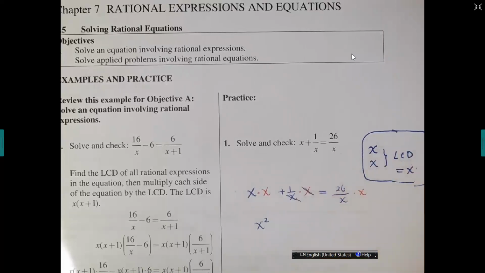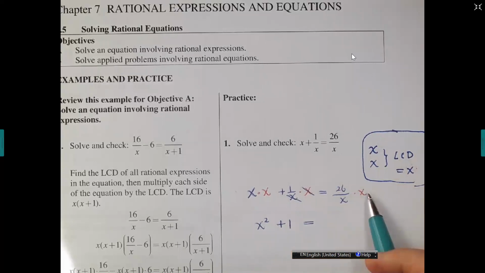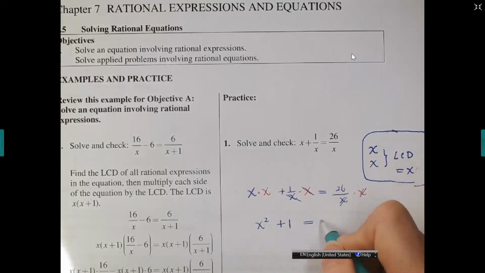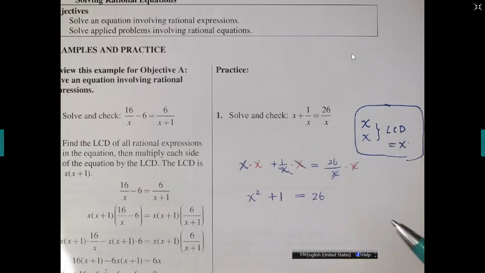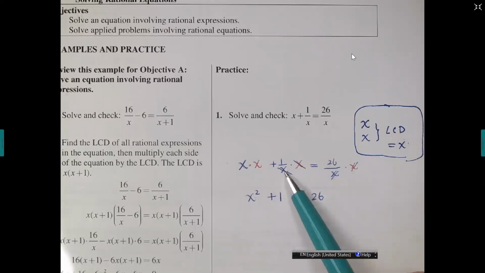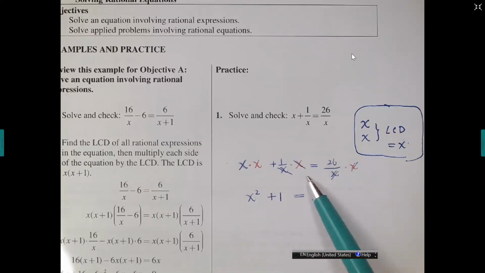Equals 1. Those two cancel out. 1 times 1 is 1. I get x plus 1 equals, what do we have on the right? We have 26 divided by x times x. This x cancels out. We have 26 here. After we multiply every term by the LCD, all the denominators are gone now.